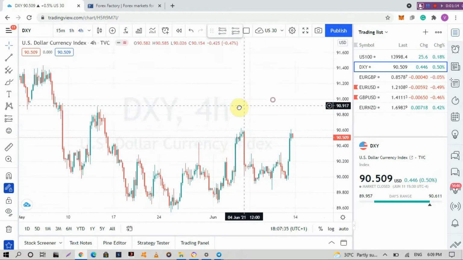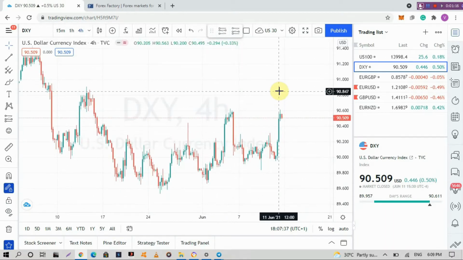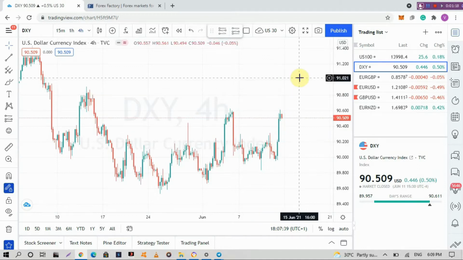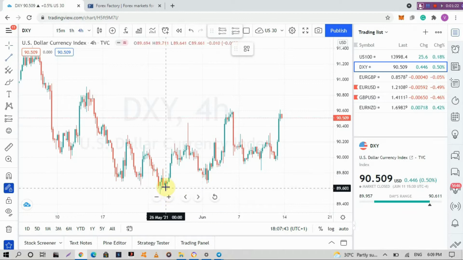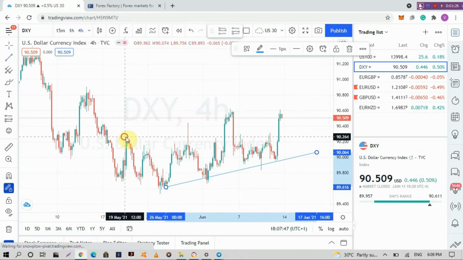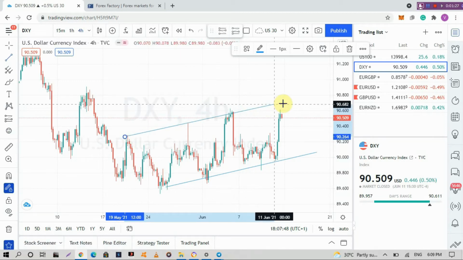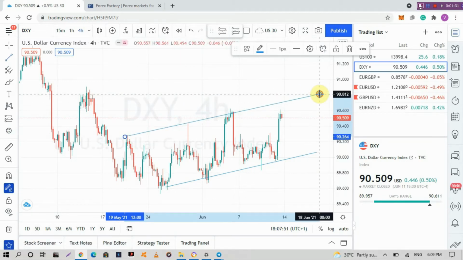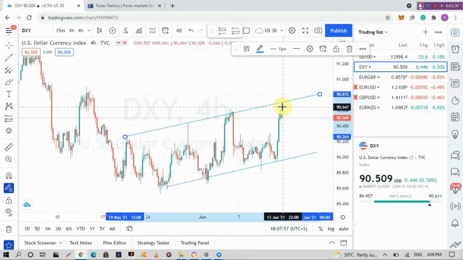We can see for sure that an uptrend has begun, and from this I can see a little trend channel which I'm looking forward to, which means the DXY might possibly encounter a little resistance this coming week.